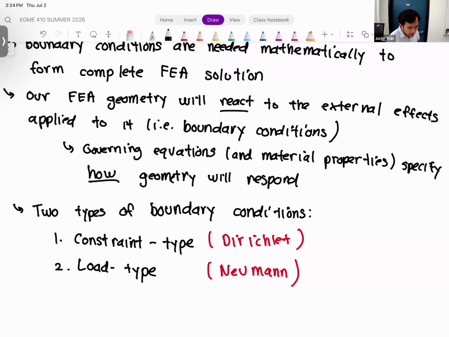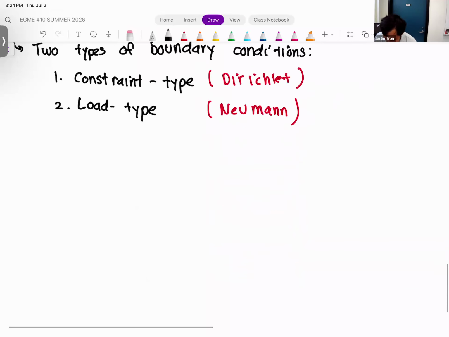We're going to go through each of the types. First we'll talk about how those types of boundary conditions manifest themselves in ANSYS, and then we'll talk about mathematically how they affect our solution. So let's start with constraint type boundary conditions.